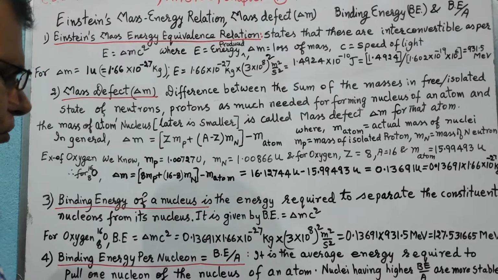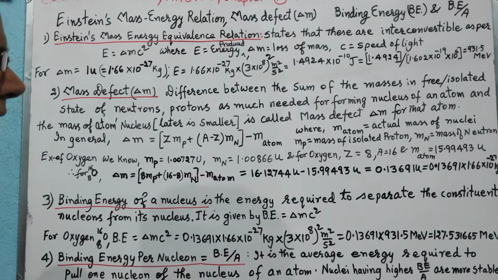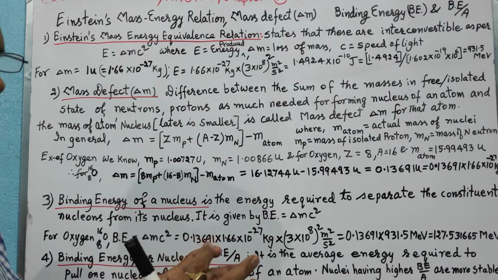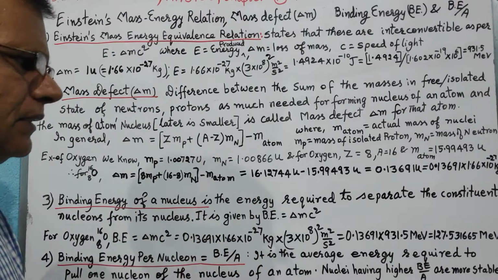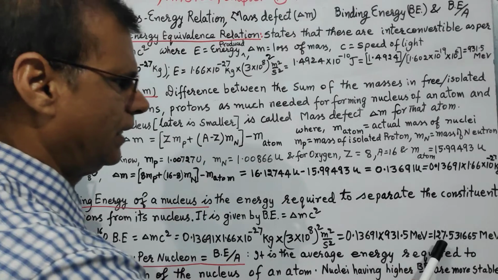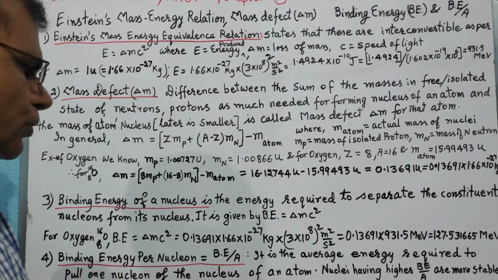127.53 MeV. So that means this much amount of energy is required to isolate all the nucleons of the nucleus of oxygen. 127.5 MeV energy will be required to do so.